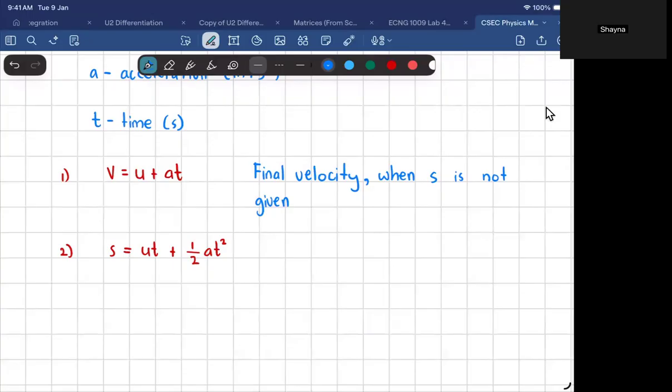What is this finding? The displacement. What's the main thing you need to have for this? The velocity and acceleration. And time. Time is the main one there. So you use this formula when you're trying to find displacement with respect to time.